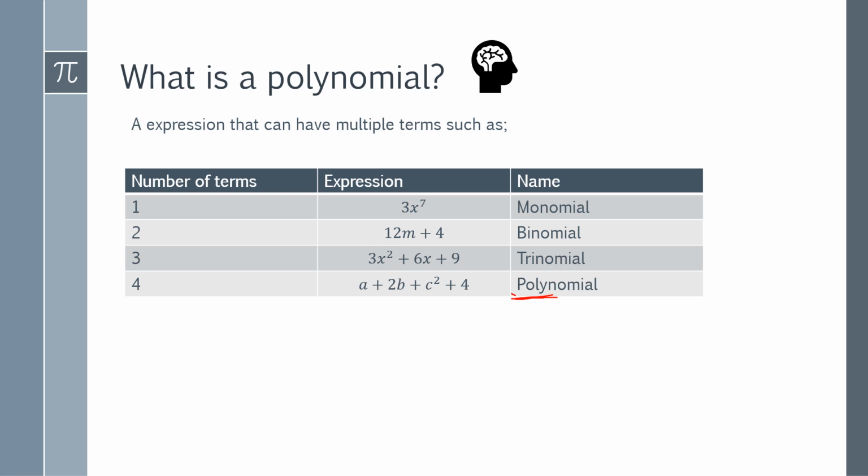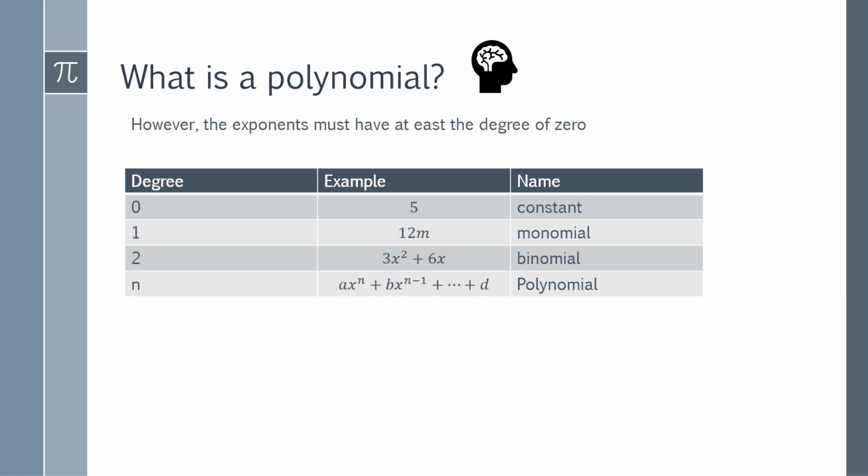Alright, are we good on that? Good. Alright, now the details of the polynomial is that the exponents of the polynomial have to have at least a degree of 0.